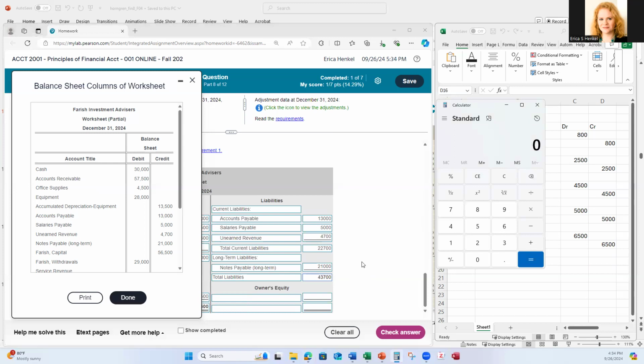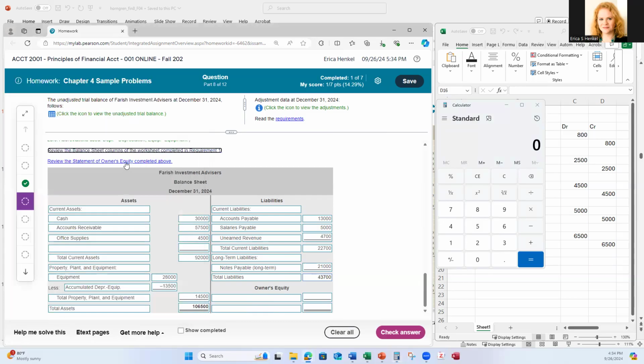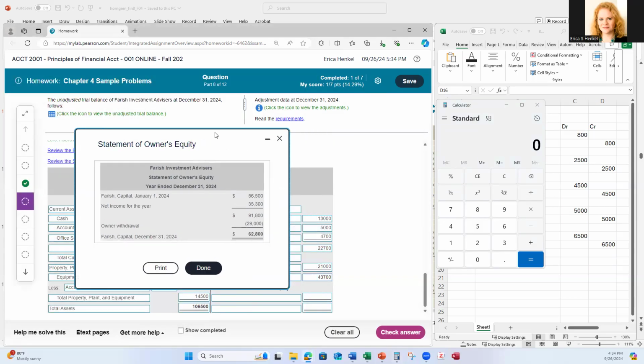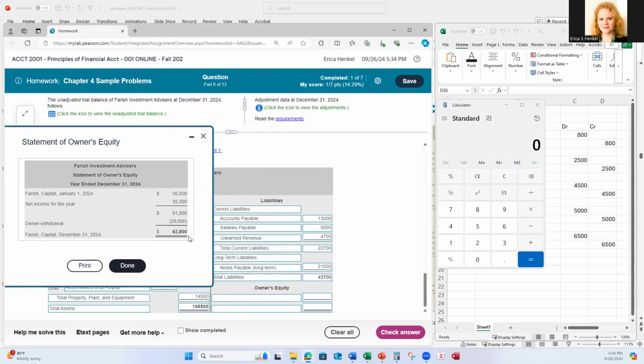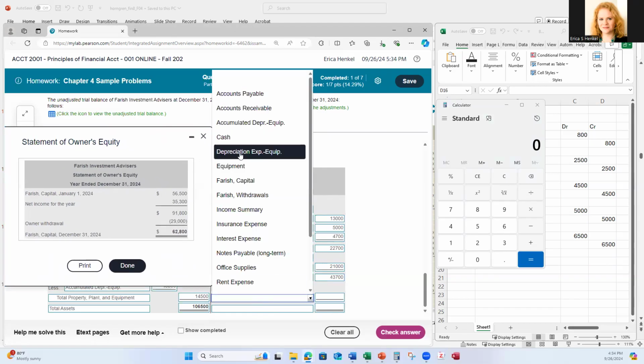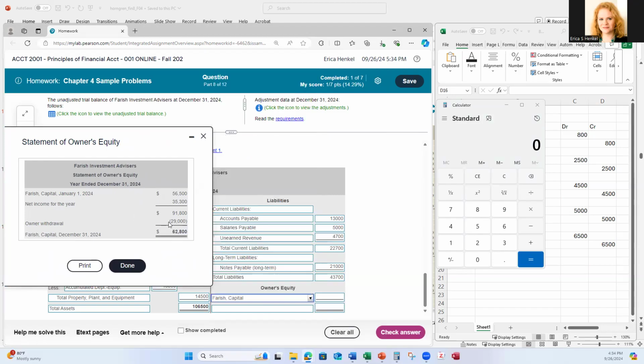All right. And then under owner's equity, we actually already calculated this up above. So when we click on this, it's going to show us that owner's equity that we did. So what we just want is Farah's capital, which we closed out our owner withdrawals into, for 62,800.